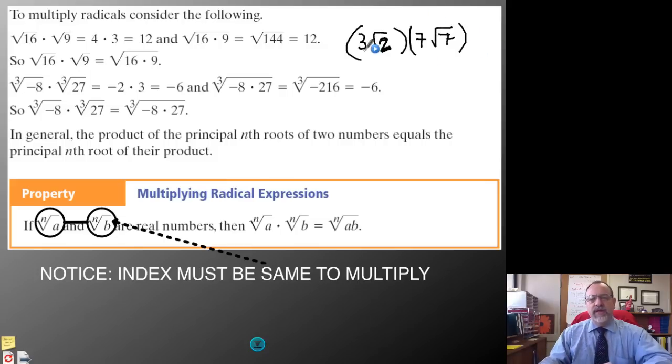But when we're multiplying them, we can multiply the numbers that are outside the radicals together, and then we can multiply the radicands together. But you can't mix a radicand, a number under the radical, and multiply it by something that's outside the radical. That's not a radicand. So you can't mix a radicand with a non-radicand, and you can't mix a non-radicand with a radicand.